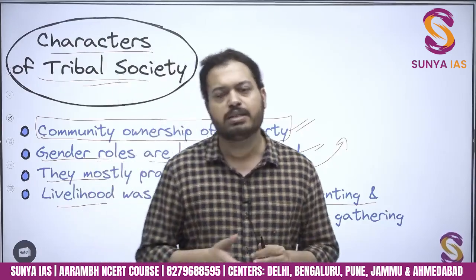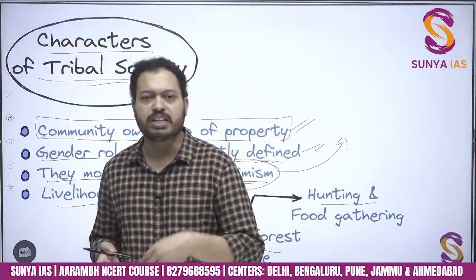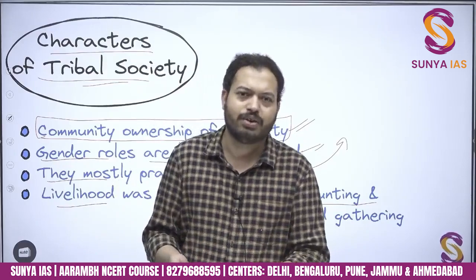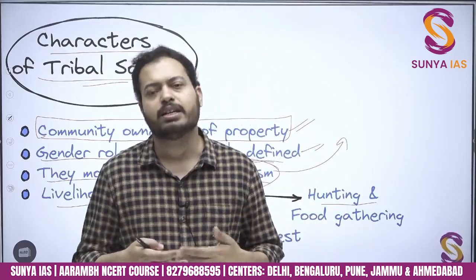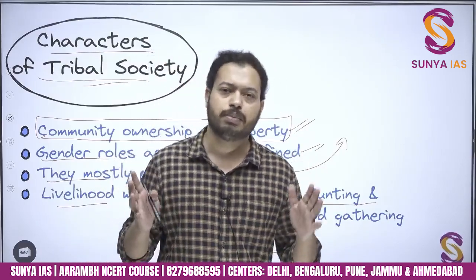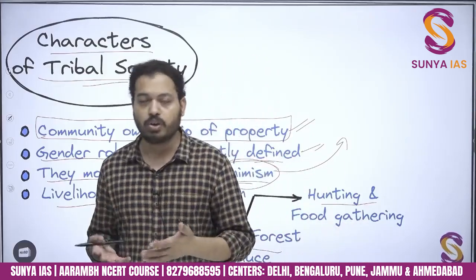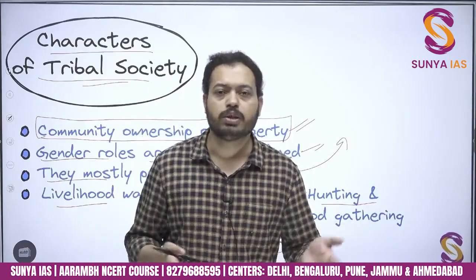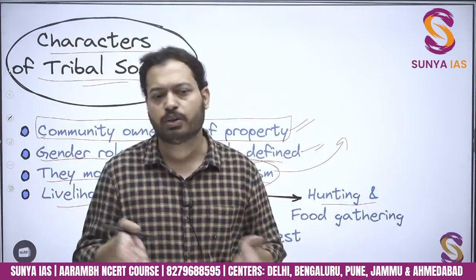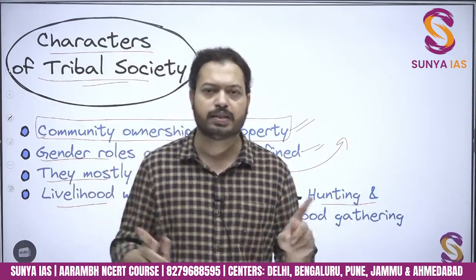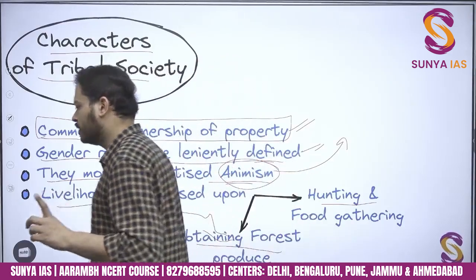In the past 200 years, first they were coerced, and later on they also learned that it was doable, so they also started doing agriculture, but the basic characteristics of tribal people don't put them on the route of settling down and doing farming and those things. So these are some of the basic characteristics of tribal people you need to understand.